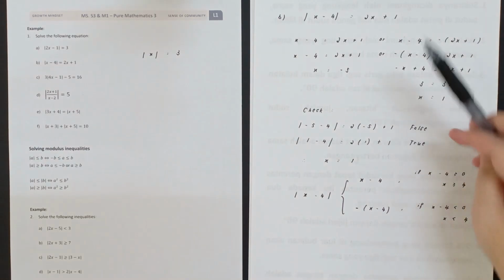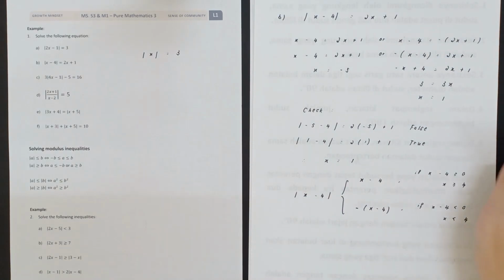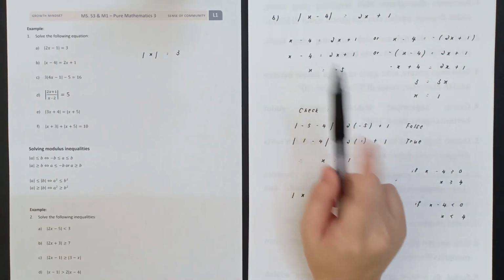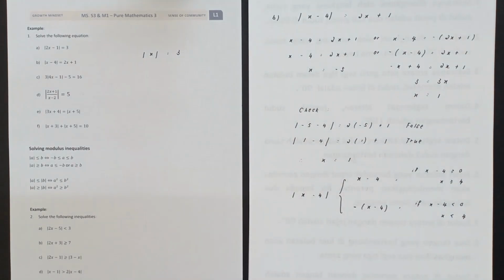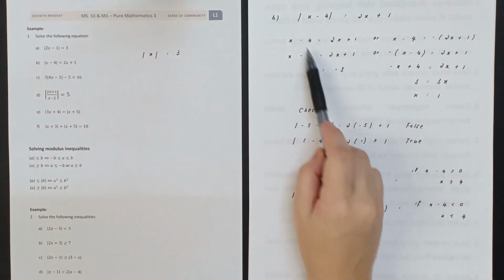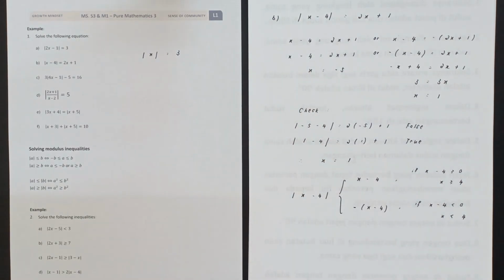But then you see, when you check back your solution, when I only start to do this part where it is x minus 4, actually I do not really know whether my x is greater than 4. I do not know whether x minus 4 is positive or negative yet. So you see, the problem with this is this.